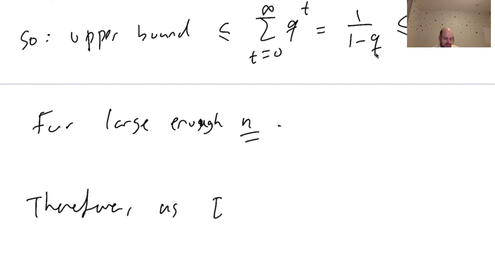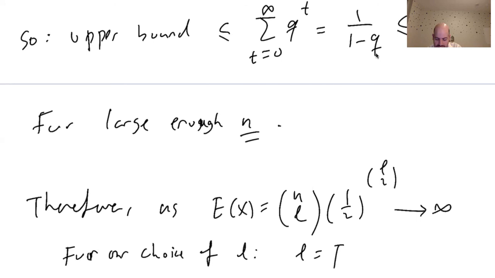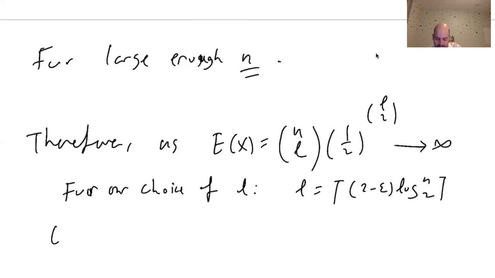And therefore, as for E of X, which is n choose L, 1/2 to the power L choose 2, again we had this expression before. Previously we said it's bigger than 1 for our choice of L. But in fact, you can prove something stronger: you can show that this goes to infinity for our choice of L, which was, if you remember, the ceiling of 2 minus epsilon log n.